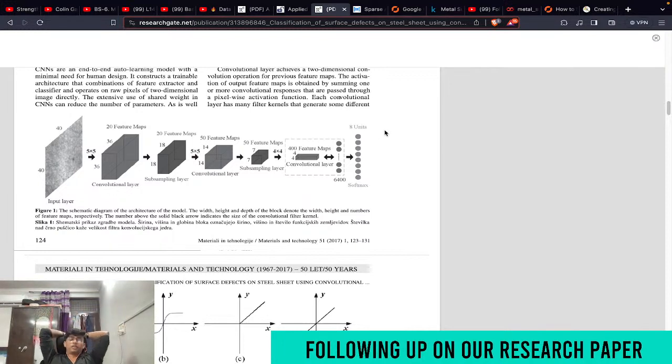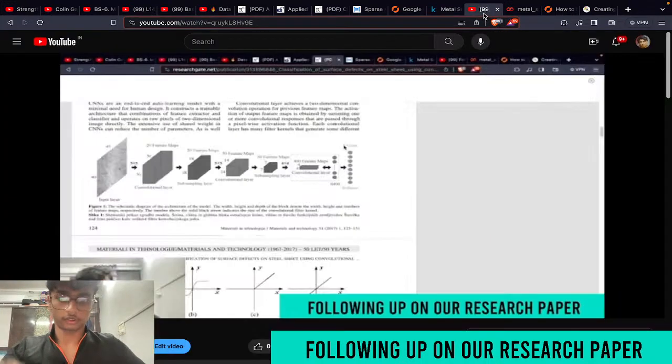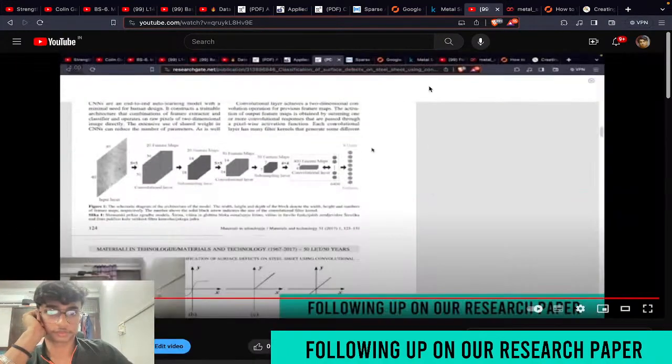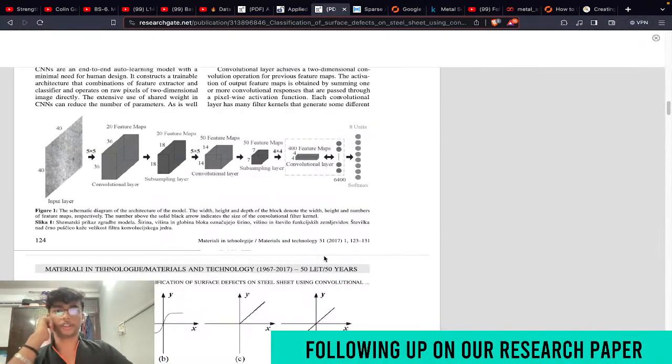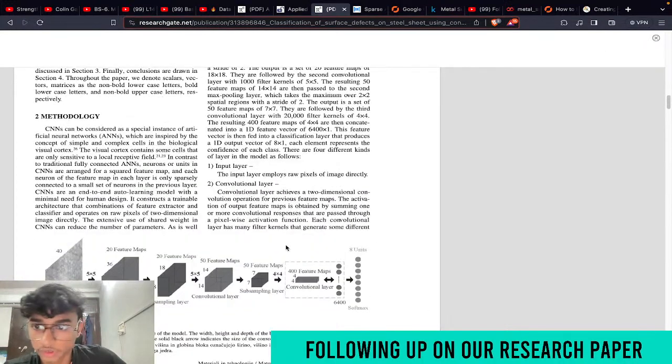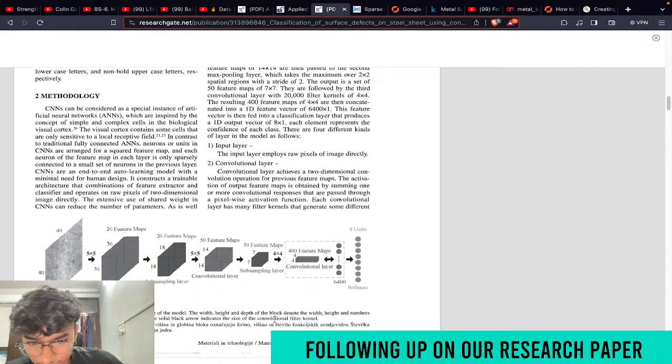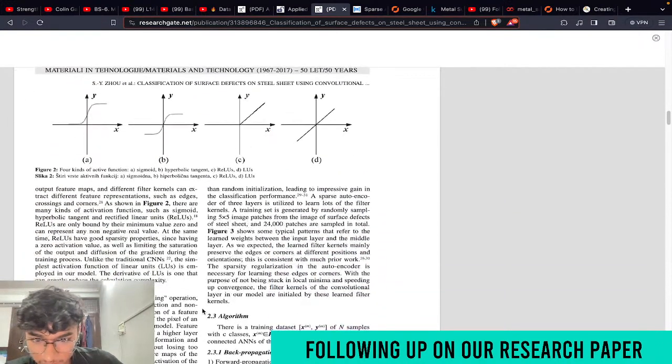Now wait a minute. Why are we using 8 units? We only have 6 classes to divide from. But we are here using 8 units. Why would that be? We'll have to read the paper. How can they make this mistake?